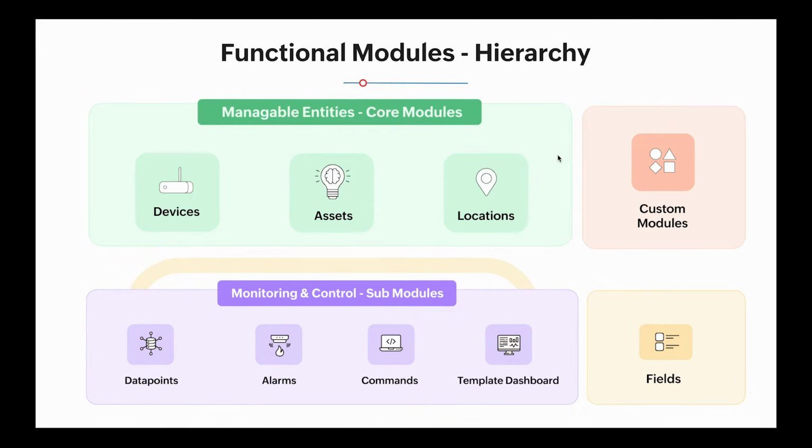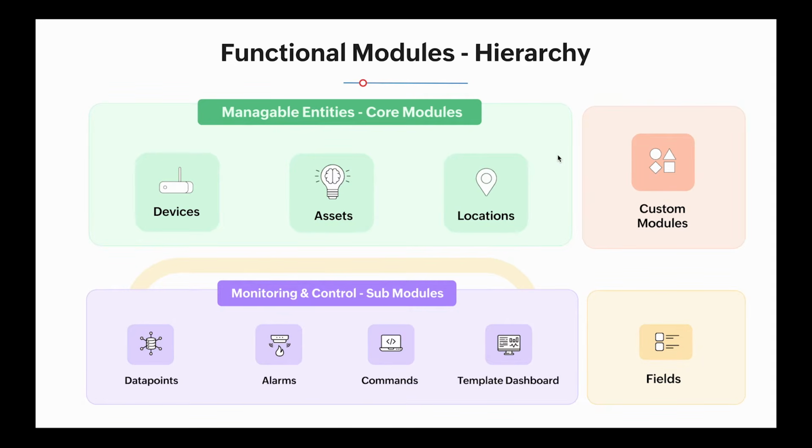In part 2, we had seen some of the high-level engineering architecture behind the platform, and this also summarizes some of the core modules. We can classify them as manageable entities. They represent IoT devices, the assets that we are managing, and also the spaces and locations they belong to.